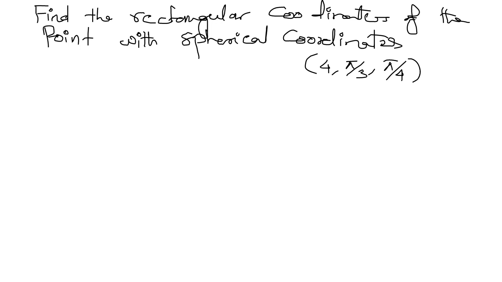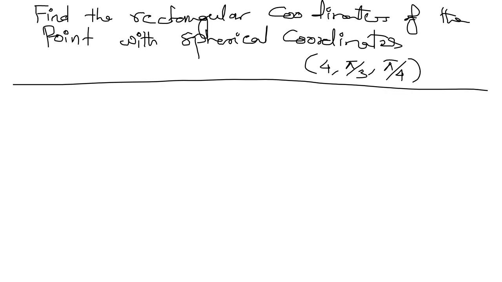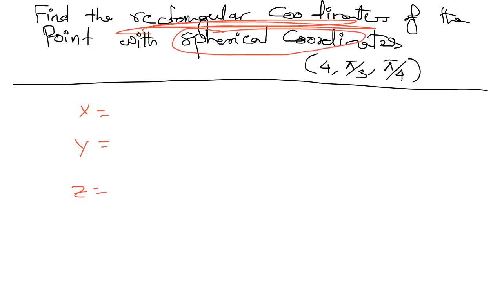Now you have to find the rectangular coordinates, so you will directly write x, y and z. Spherical coordinates are given: this one is rho, this one is theta and this one is phi.